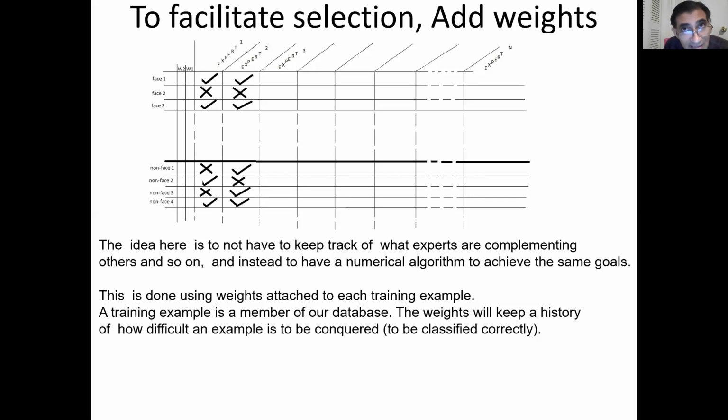Then you would go through the selection process. The selection process is, how do I pick from these experts who's going to be the first member of my team? I have to pick that. So I'll pick the one with the most correct and so on. Then I'll pick the second one who complements and so on. So are those steps kind of clear? Yes.